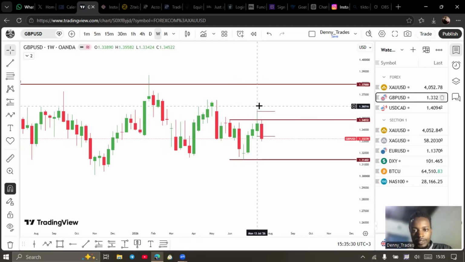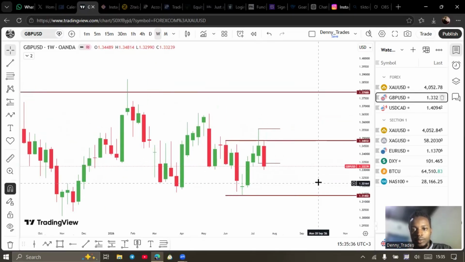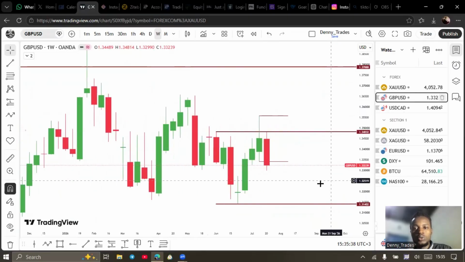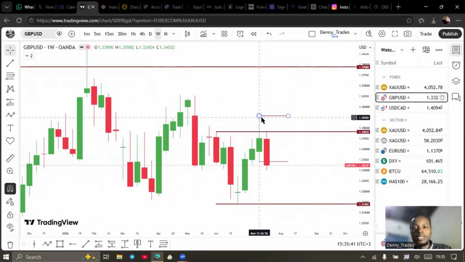And then we have weekly key levels, which is the previous week's high, previous week's low. Okay, when the week opens, it's either going to trade above the previous week's high, or it's going to trade below previous week's low.